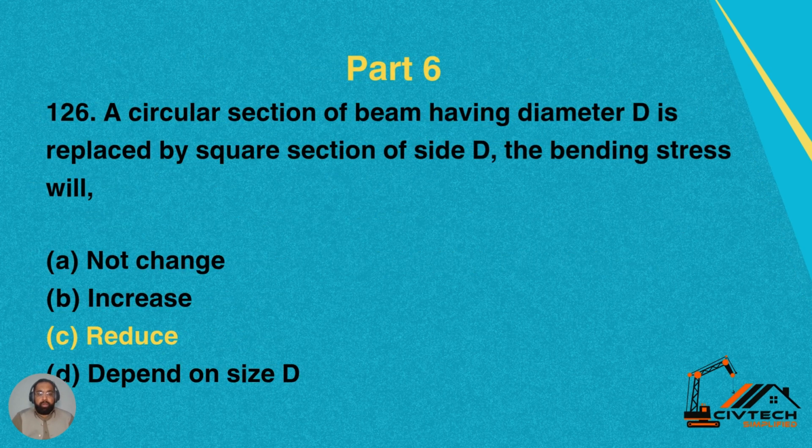Question number 126. A circular section of beam having diameter D is replaced by square section of side D. The bending stress will be.